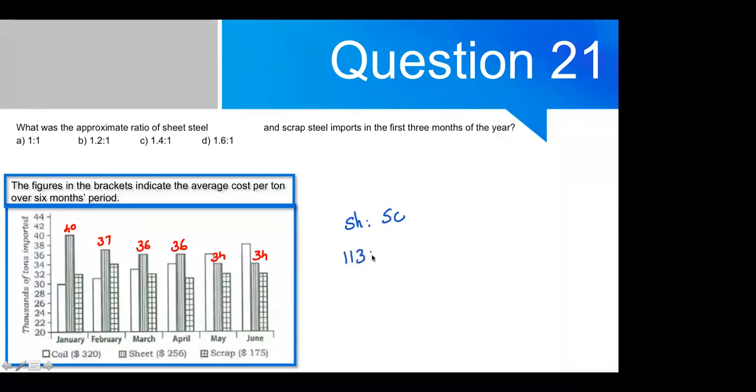Scrap data we need. 98. Around 9.8, 9.8. Around 1.2:1.